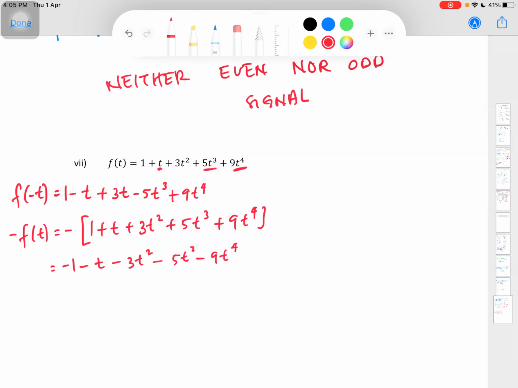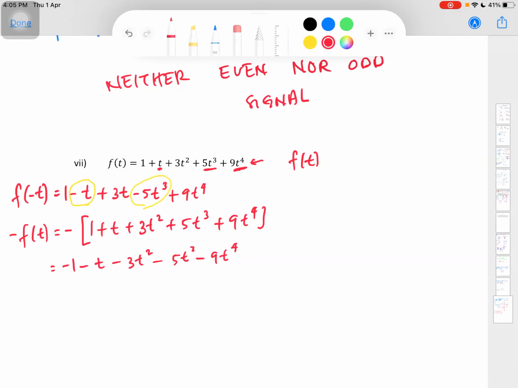Now if we look, this is f of t, this is f of minus t, they're not the same. Because at f of t everything is positive, but at f of minus t we have this minus, we have this minus.